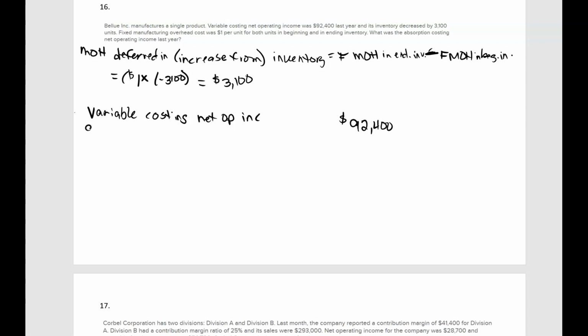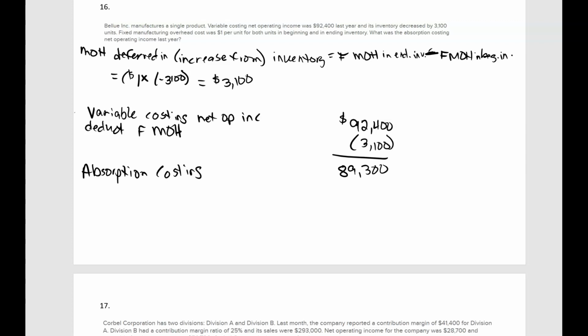Then we're going to deduct fixed manufacturing overhead of the 3,100, and we get $89,300 of absorption costing net operating income. Remember, the only difference between variable costing and absorption costing is the fixed manufacturing overhead.